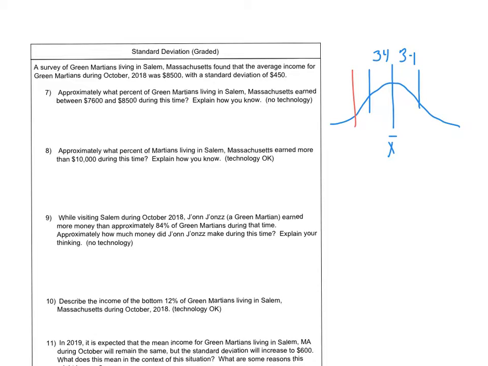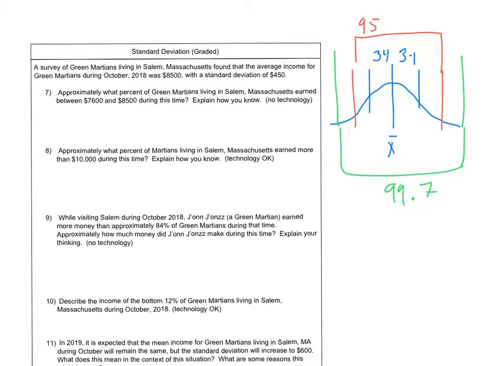Going up a second standard deviation and down a second standard deviation gives us 95% in accumulated fashion. And then going up a third and down a third standard deviation is going to be 99.7% of that data. This is the empirical rule. These are the things we're going to use to get at the ones that are not technology-based.